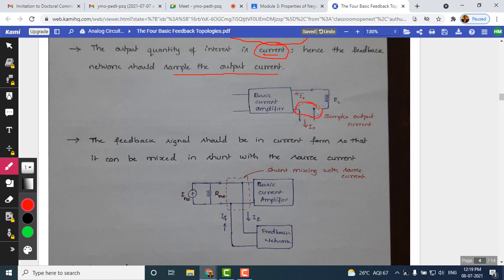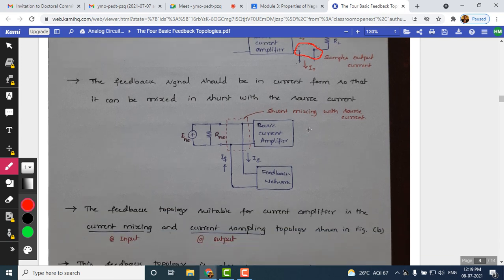When we sample any current, there must be a loop here. We can't sample like we did with voltage in the previous voltage amplifier case. So the type of sampling shown here is series sampling. The sampling happens in a series fashion and mixing happens in a shunt fashion.